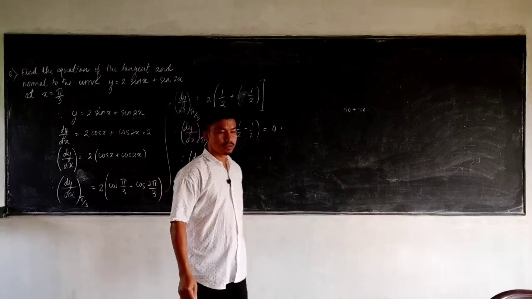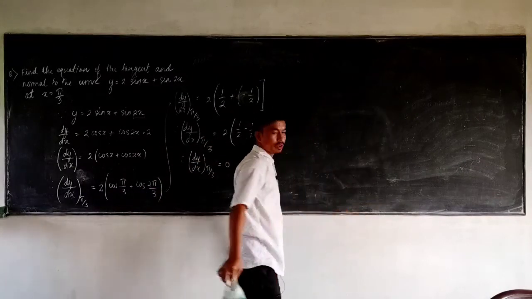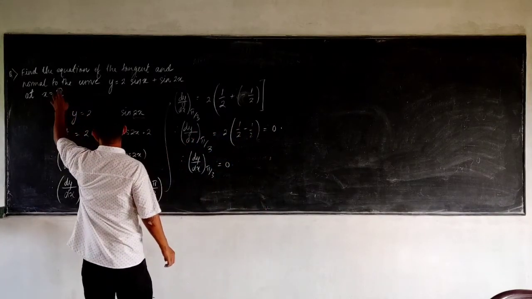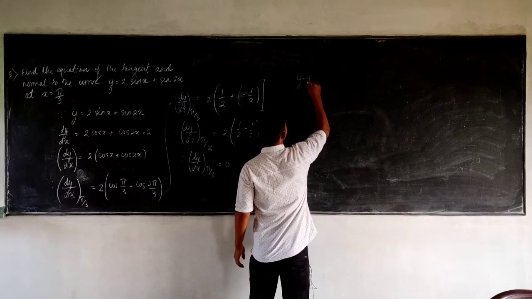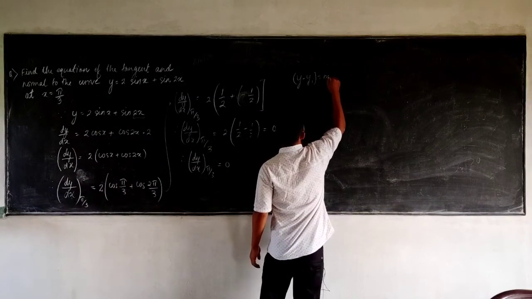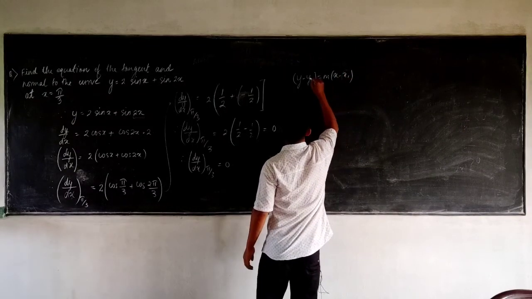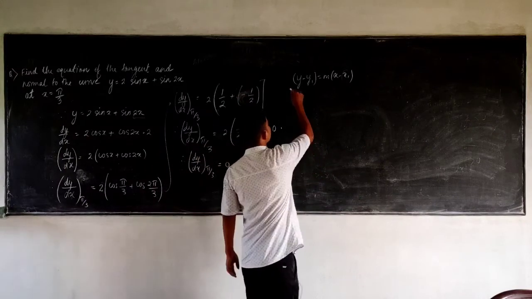Okay, so now to write the equation of a tangent, I need the value of y as well, since the value of x is pi by 3, because the equation is given by y minus y1 equals m into x minus x1. I know the value of x1, but I need to know the value of y1 as well. So to get it, what do I do?